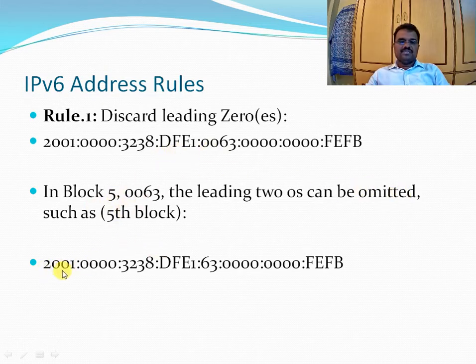So 2001 as it is we have written, and 4 zeros as it is we have written, 3238 is okay, DFE1 is also okay, but here we have written only 63 instead of 0063, because these 00s can be omitted. These are leading zeros. We are discarding these two zeros, writing only 63. It is understood that before 63 there are 00, and the remaining we have written the same, FE. So rule 1 is discarding the leading zeros in any number.